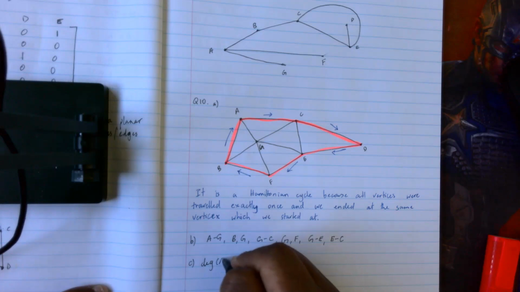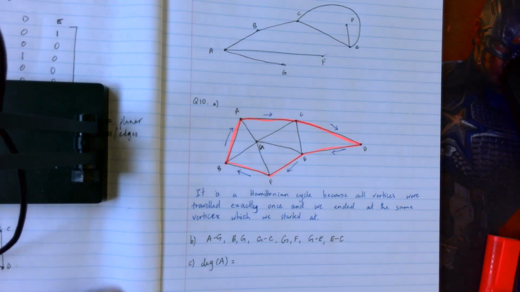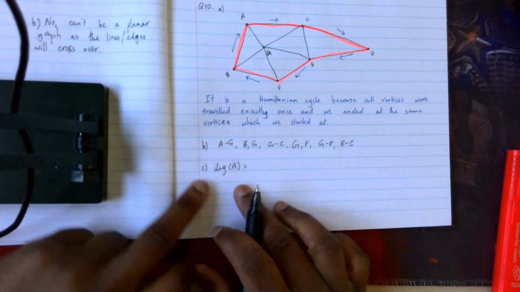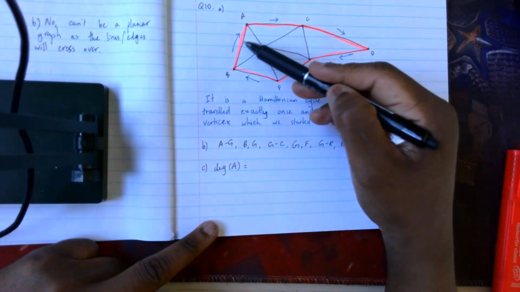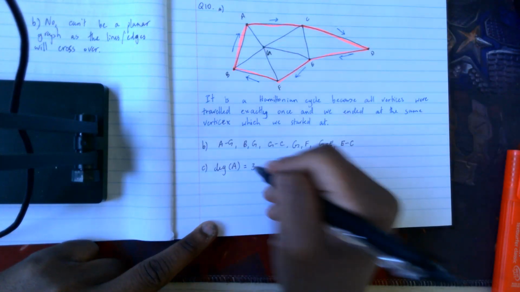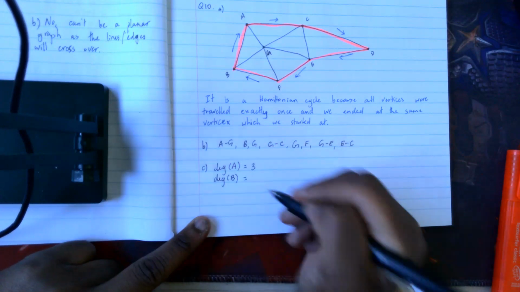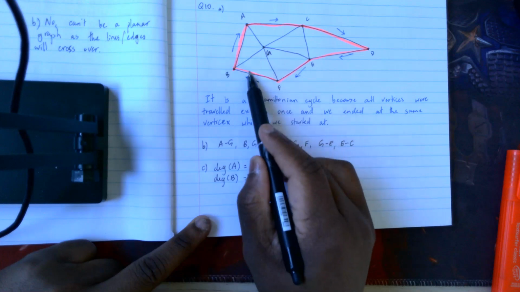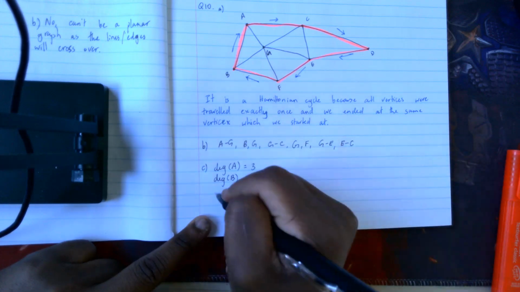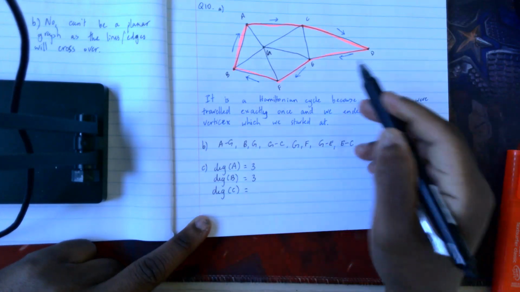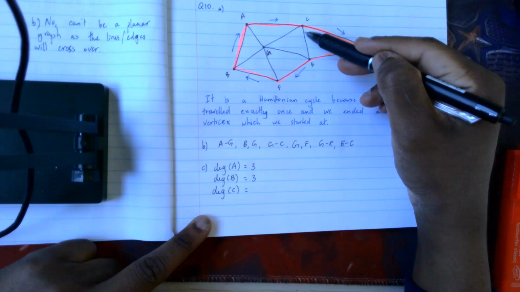Okay, let's just start here then. I'm just going to find the degree of each vertex. So the degree of A, we've got 1, 2, 3. Degree of B, we've got 1, 2, 3. Degree of C, we've got 1, 2, 3, 4.